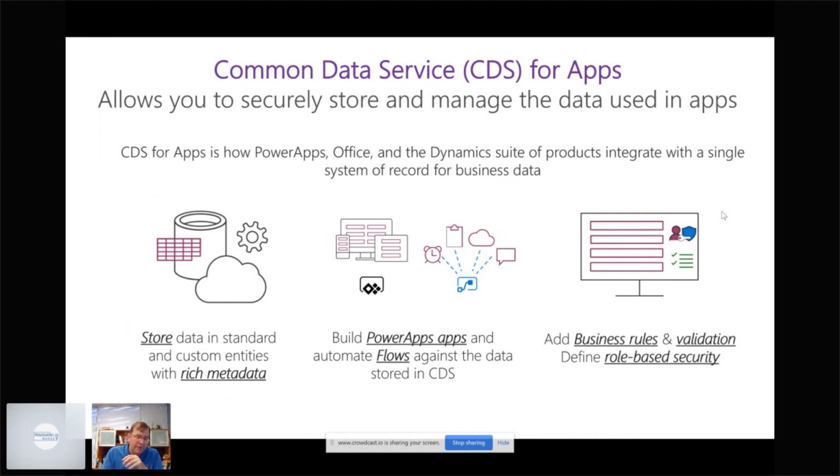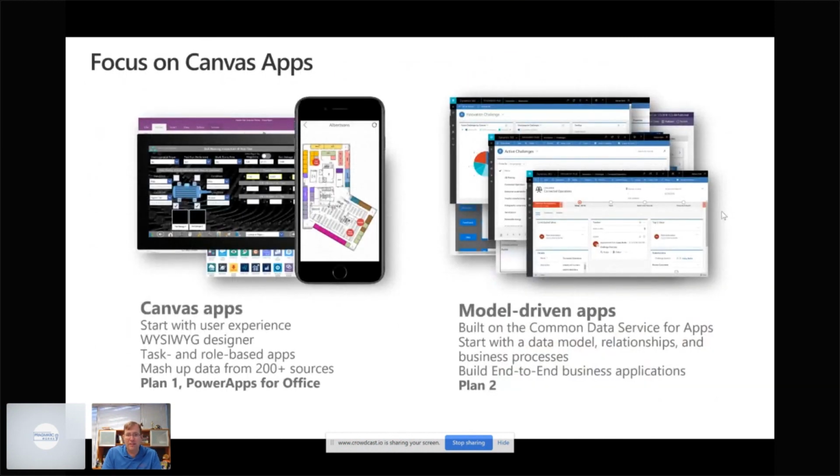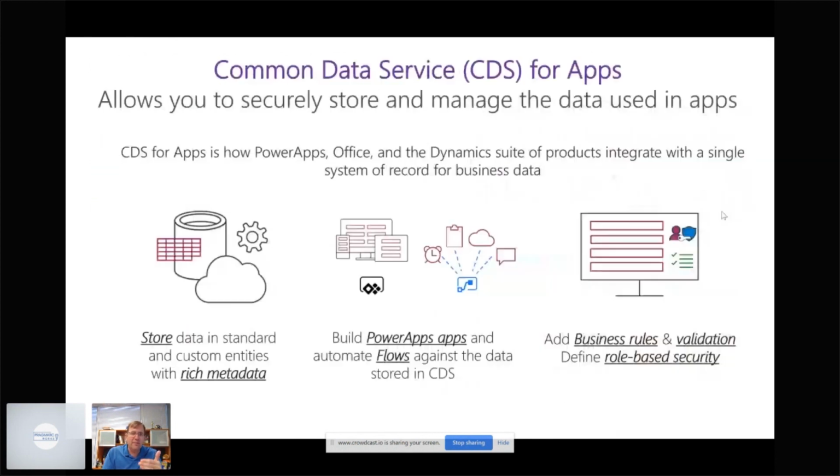If you were to build an application back here, you would have to create a database first, right? Create your schema, then you create your app. In this case, generally speaking, the schema is going to be ready for you and you're just going to extend it. Or you might create a custom entity, for example. But things like products and employees and things like issues, those things are already built into this Common Data Services piece, okay?